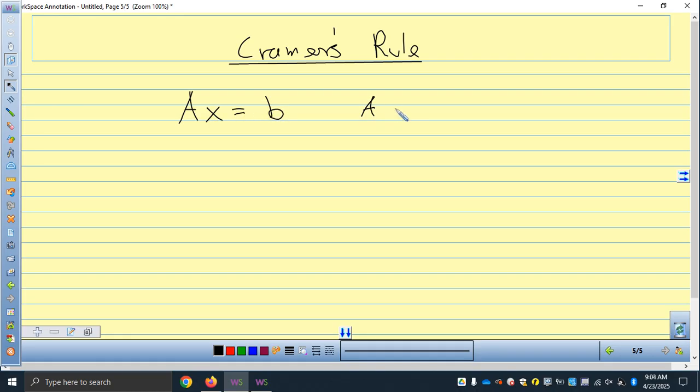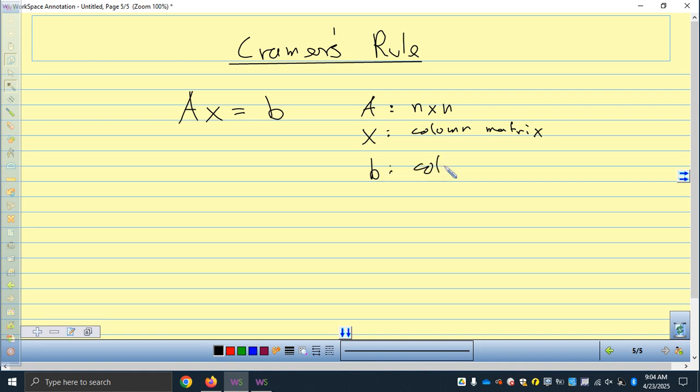A is an n by n coefficient matrix. X is a column matrix with n elements. And B is also a column matrix with n elements.